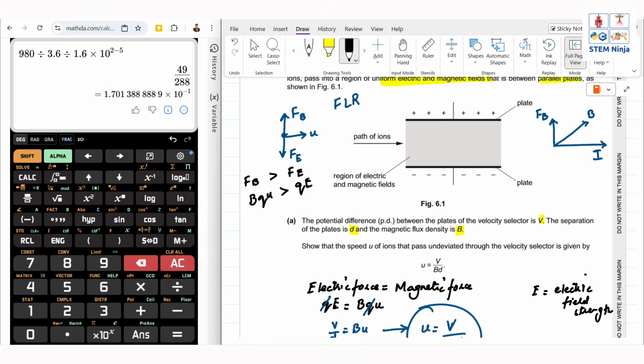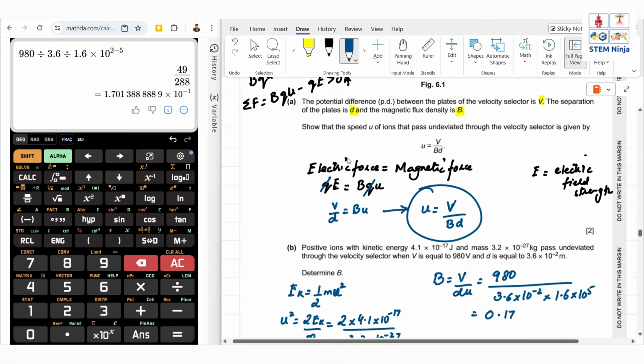We already said that magnetic force is directed upwards, so the resultant force BQv minus QE would be greater than 0. That means the direction of the resultant force would be upwards. So it is going to go this way. That was the reason.